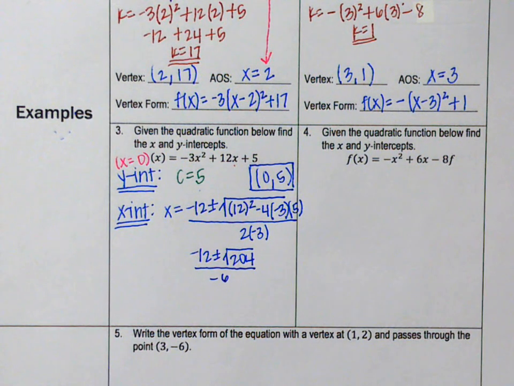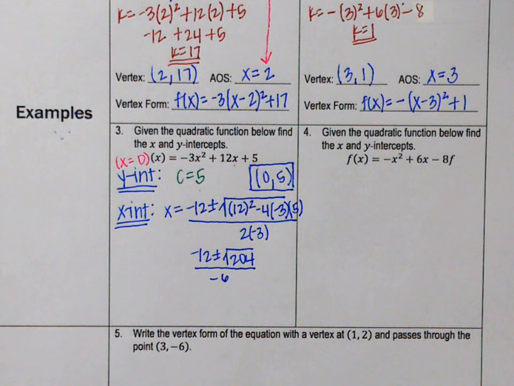Now, I do want you to reduce the radical if you can. And so how I do that process of reducing the radical is I really am looking for what's the biggest perfect square that goes evenly into 204.